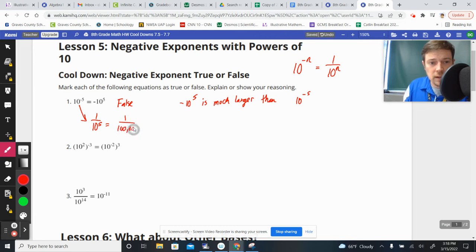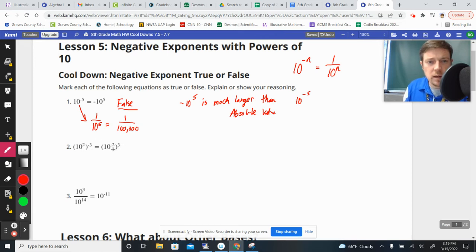Which is teeny tiny. And negative 10 to the fifth is going to be 10 to the fifth, which is 100,000, but negative. So I guess not really much larger absolute value. We can say that. It has much larger absolute value because it's so far from zero, whereas this one's getting really close to zero. But it's definitely false.